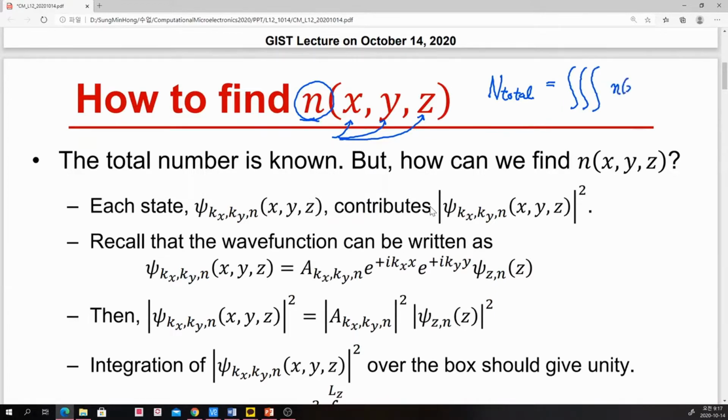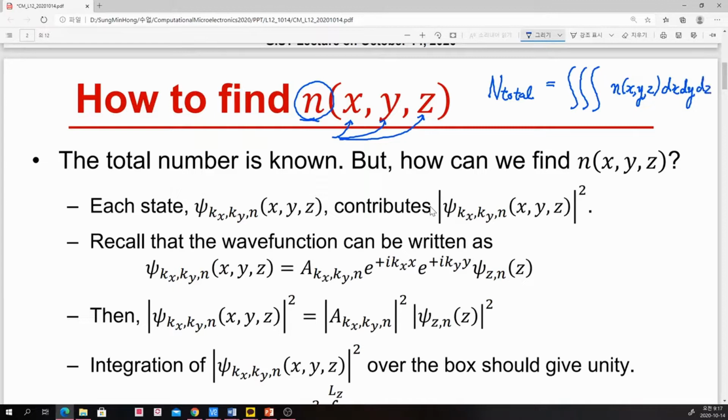When we integrate this N of x, y, z with dx, dy, dz, the entire volume integration will give you the total number N. Since this is just number per cubic centimeter, when we take this triple integral over each length scale, then the cubic centimeter is gone, and we will have just a number.